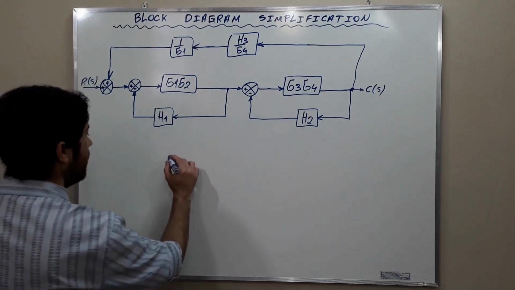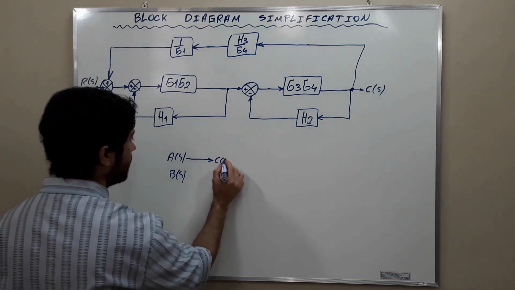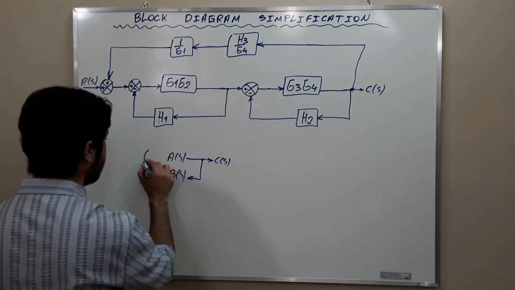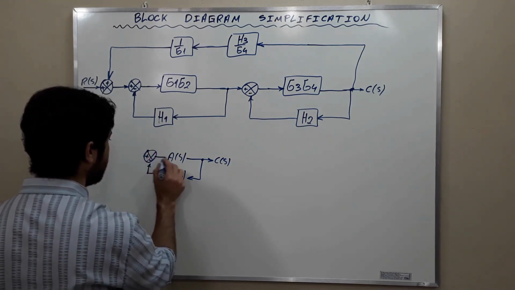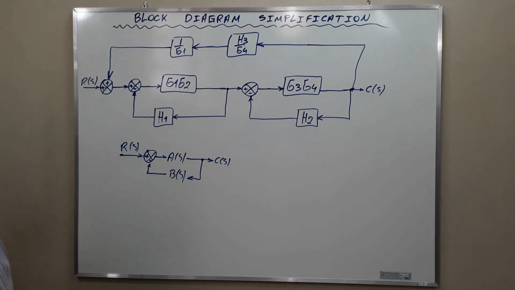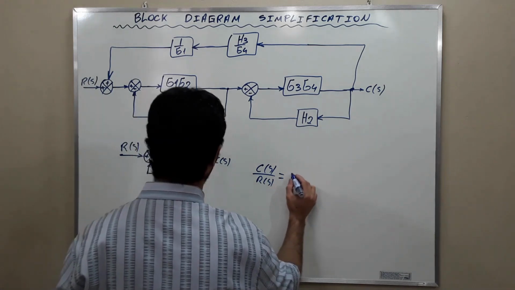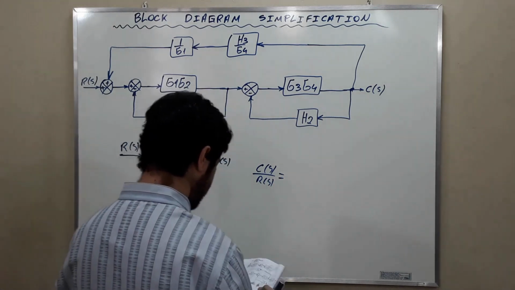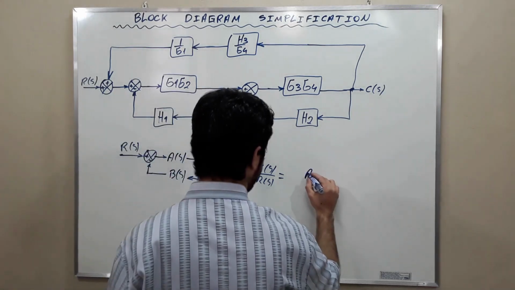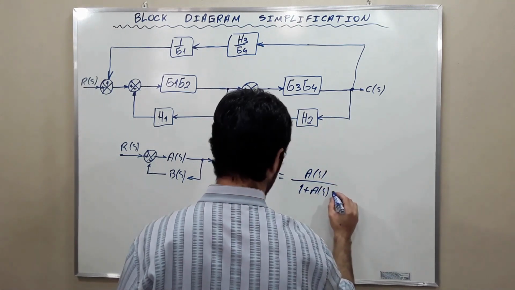Whenever we have A(s), B(s) in a feedback loop like this, we can use the expression C(s) over R(s) is equal to A(s) over 1 plus A(s)B(s).